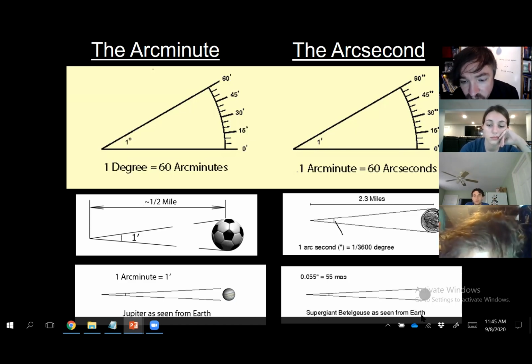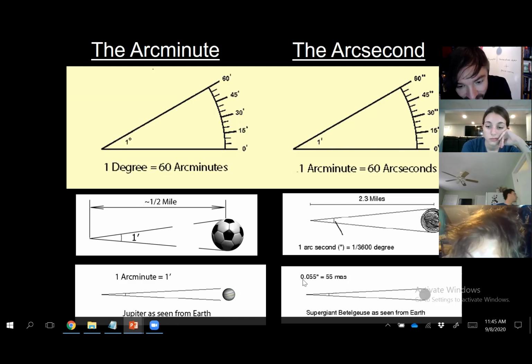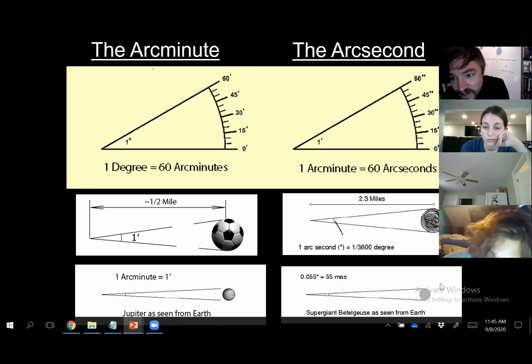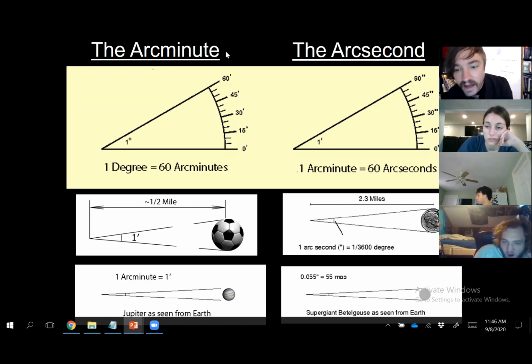Betelgeuse, one of the largest stars in our neighborhood, both in physical size and in angular size, has an angular size of 0.055 arc seconds, or 55 milli-arc seconds. The angular sizes of stars are truly microscopic. And for that reason, they are literally nothing more than little mathematical points of light on the sky.